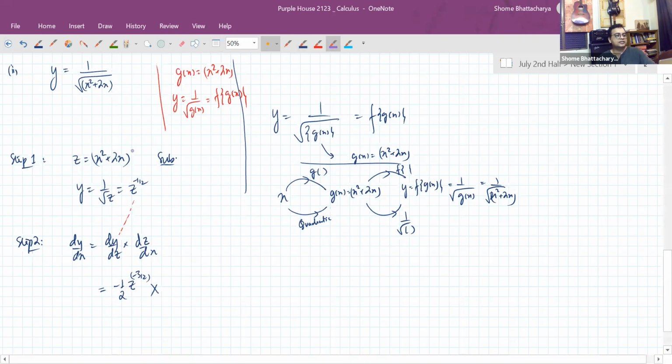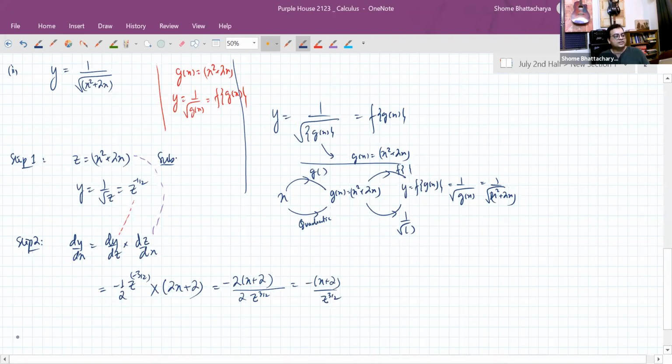For dz by dx, differentiation of x square plus 2x: differentiation of x square is 2x, differentiation of 2x is 2. Now I simplify this a little more. I can write this as 2 times x plus 1, and with the minus sign, I can take z in the denominator. So that's minus of x plus 1 upon z to the power 3 by 2.